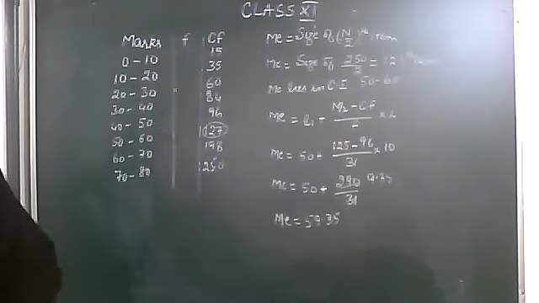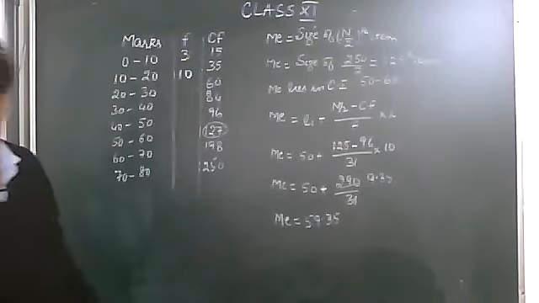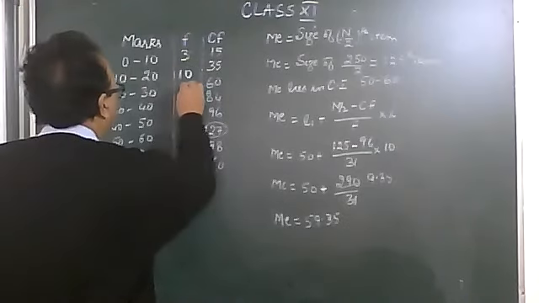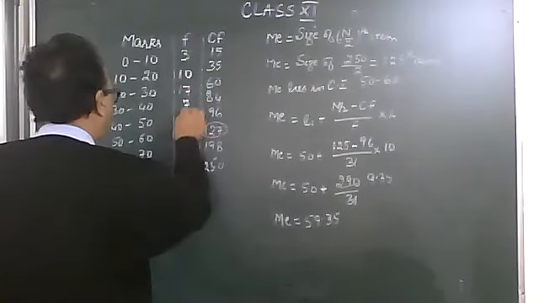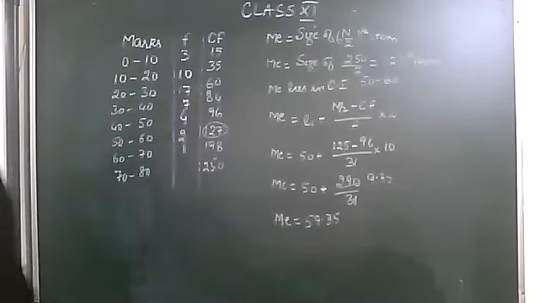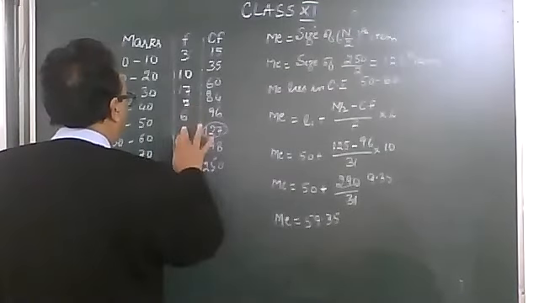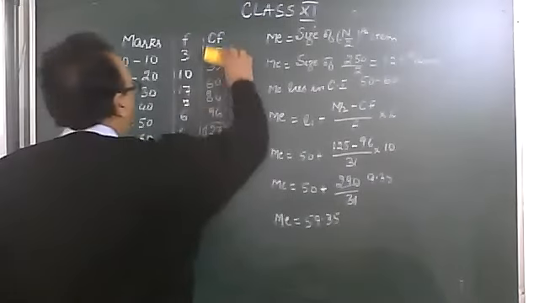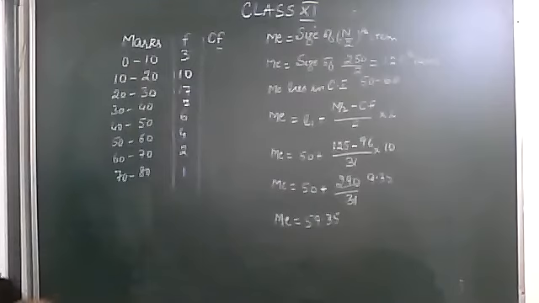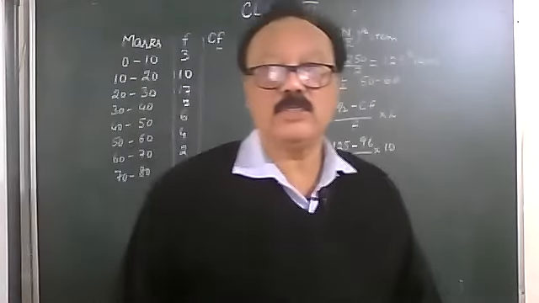Keep it the same marks, but the number of students here is 3, 10, 17, 7, then 4, 2, 1. Children, this is your data. Simple. You can give me the answer tomorrow.